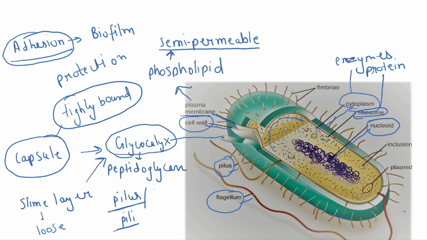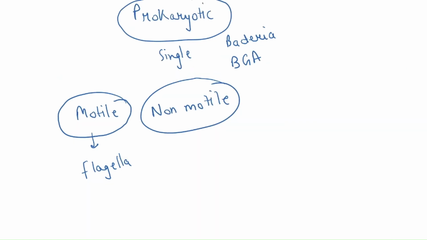Just like this, there is another structure called fimbriae. Fimbriae are bristle-like fibers. They also help in attaching the bacteria to a surface. By extending and retracting pili in a coordinated manner, the bacterial cell can twitch or crawl along the surface.